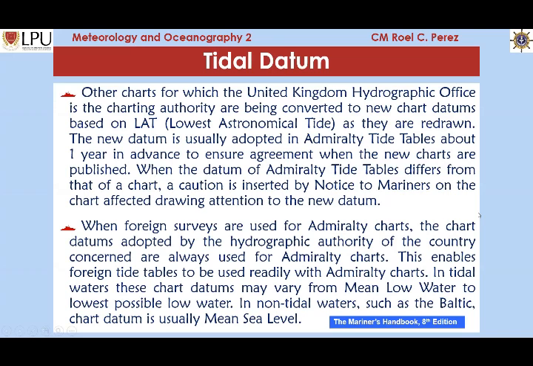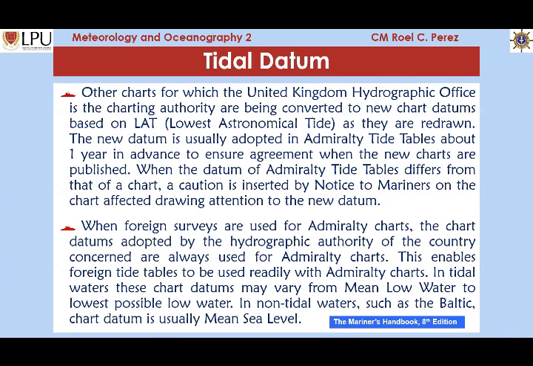Okay, so let us see the tidal datum in the UKHO, or the United Kingdom Hydrographic Office. It is the charting authority and is converting to a new chart datum based on LAT, or the lowest astronomical tide, as charts are redrawn.